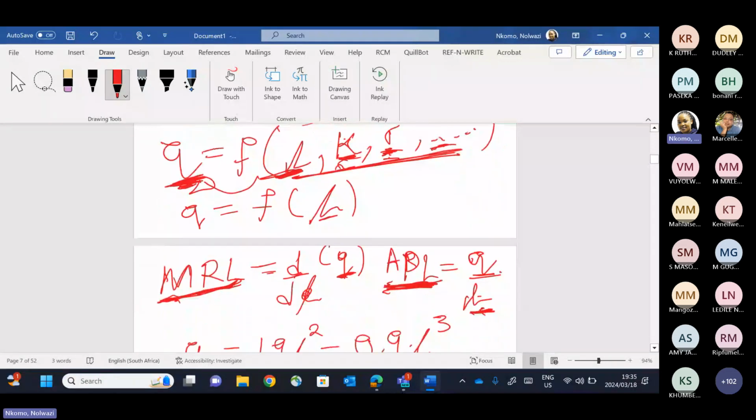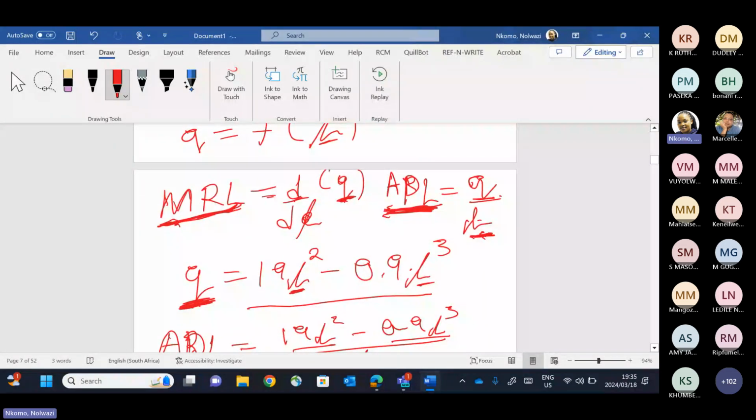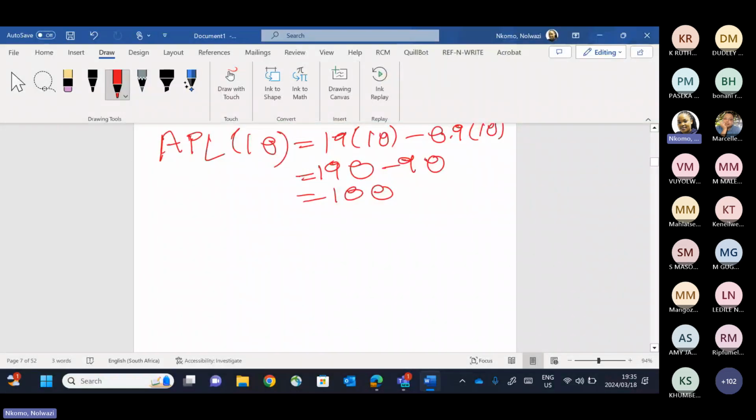We get the marginal production of labor by differentiating the function that represents the production of labor.